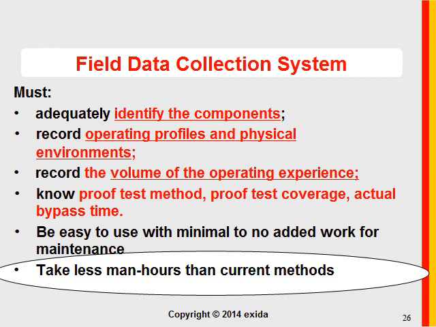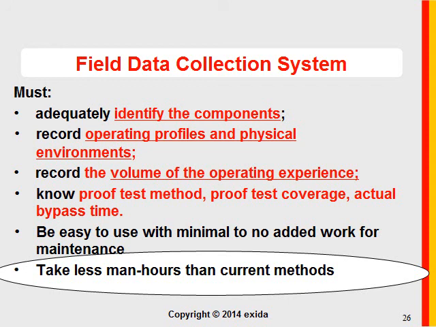We need to record the volume of the operating experience, how much experience we have with a particular piece of equipment, because when we look at confidence intervals, the larger the number of samples, or the larger the operating experience, the narrower the confidence limits will be. In other words, if you have very few data samples, your confidence limits will be very wide, and data may not be that useful.